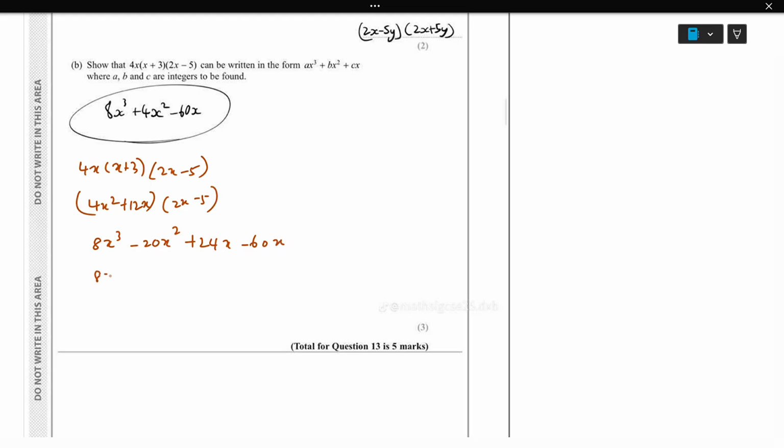Simplifying, that's the final answer: 8x cubed plus 4x squared minus 60x.